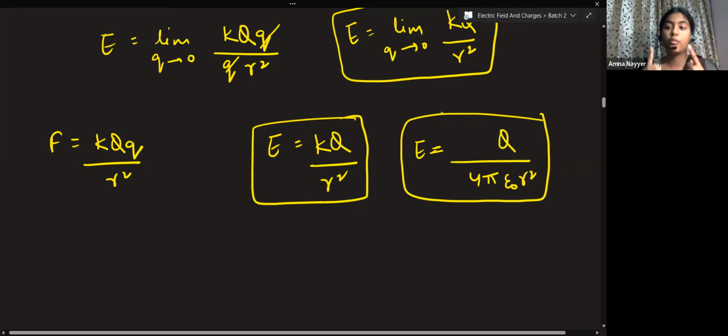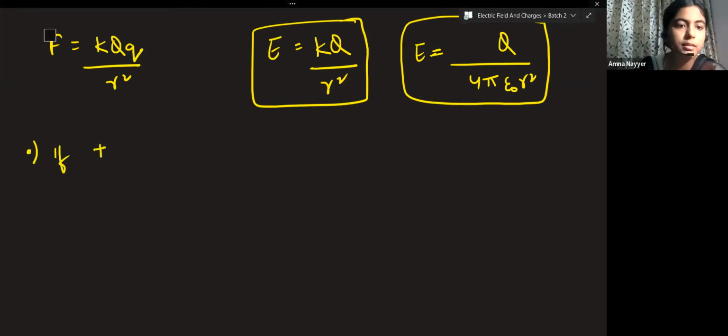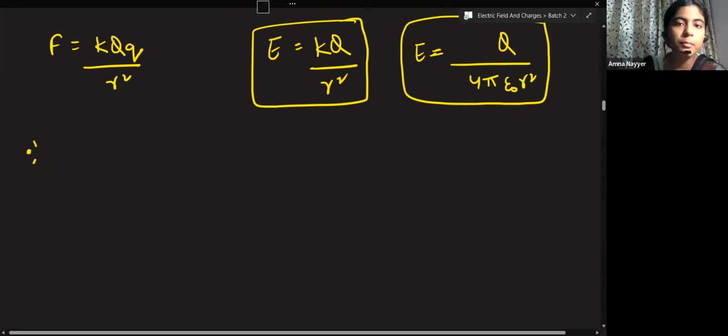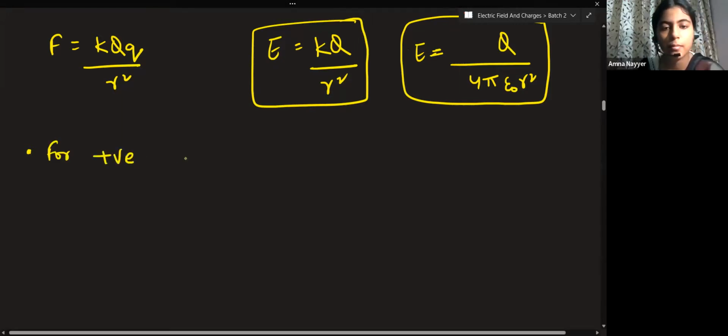Regarding the direction for positive and negative charges, just remember this carefully, because this will be utilized when we draw electric field lines also.